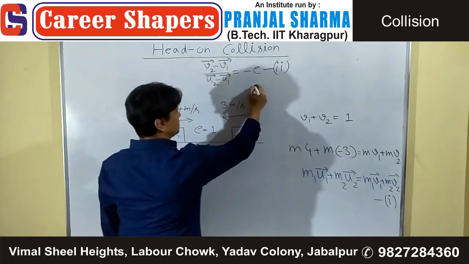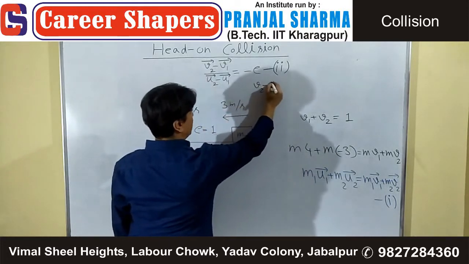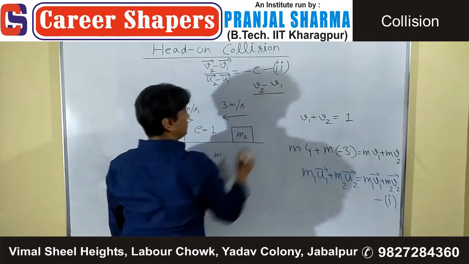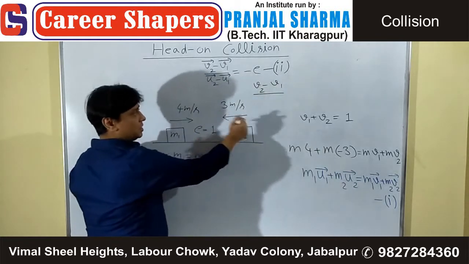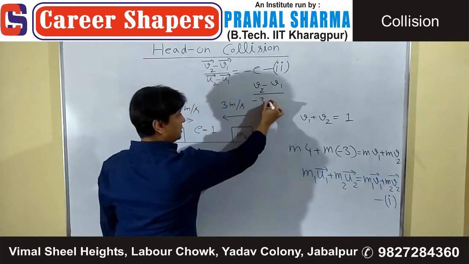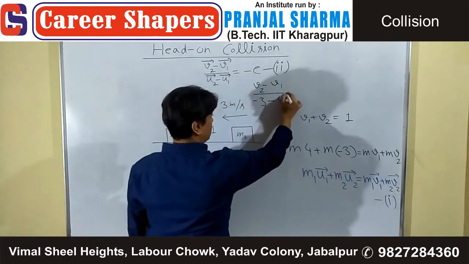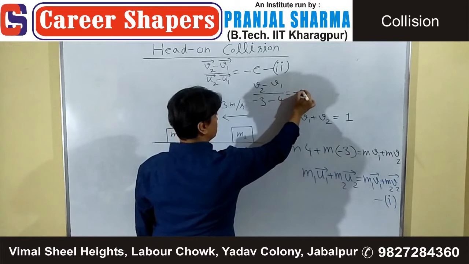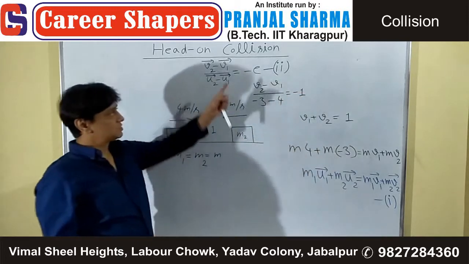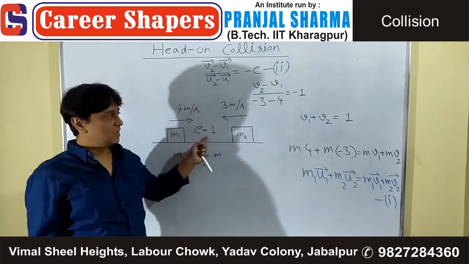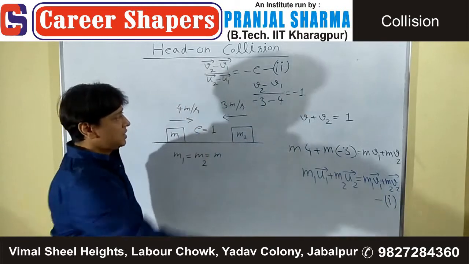The second equation is V2 minus V1 upon U2, minus 3, minus U1, 4, is equal to minus e, which for perfectly elastic collision is 1.